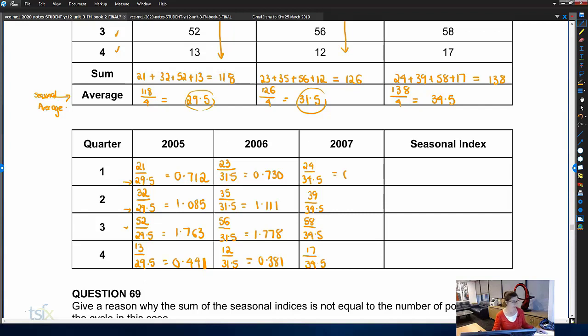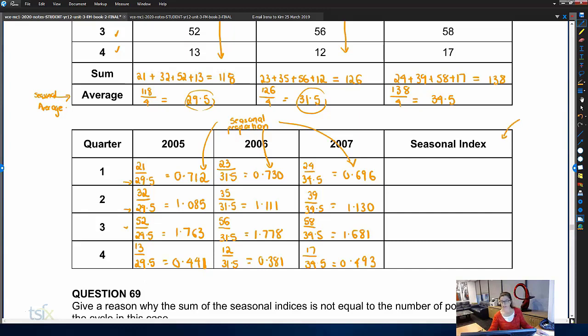We come over here: 0.696, 1.130, 1.681, and 0.493. So that's done. This is working out our seasonal proportion. That's what these entries are all the way down. That's your seasonal proportion, and that is step 2.